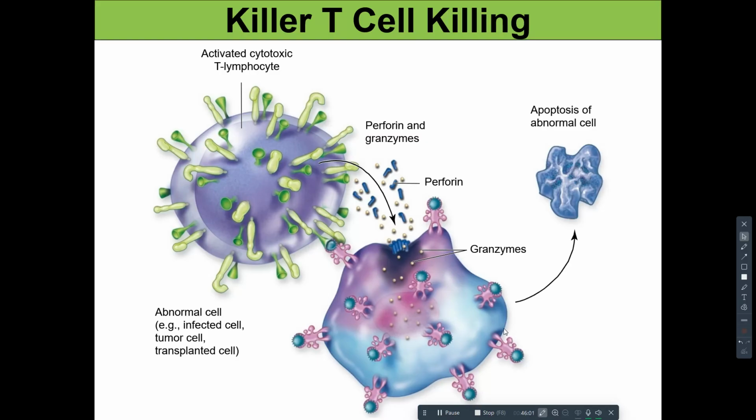And so this is how we kill cells. Viral infected cells or cancerous cells. If this cell had become cancerous, it would not be displaying normal proteins, and we'd be killing it. So that is the basic way killer T cells kill infected cells. It's also how they know which cells have been infected.